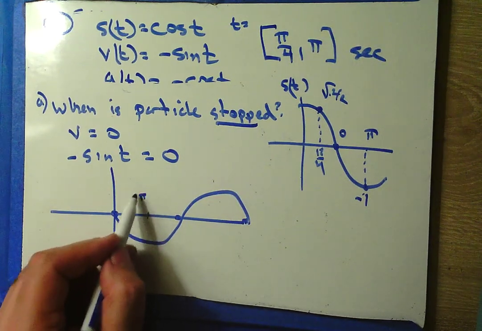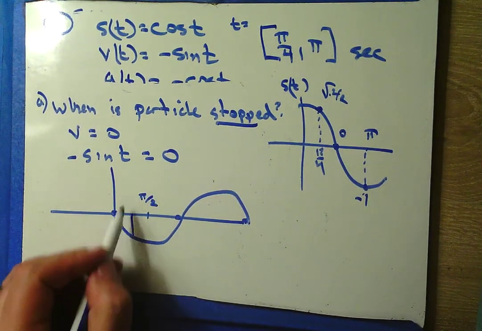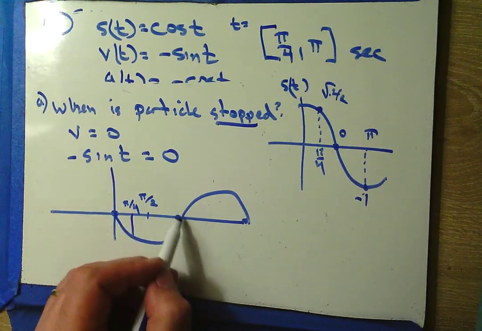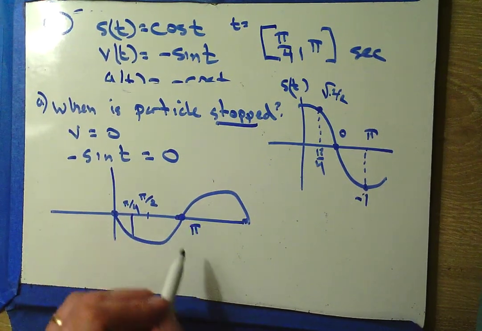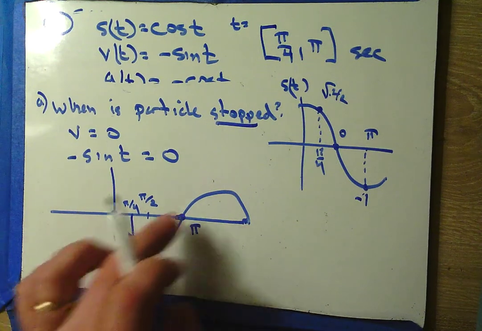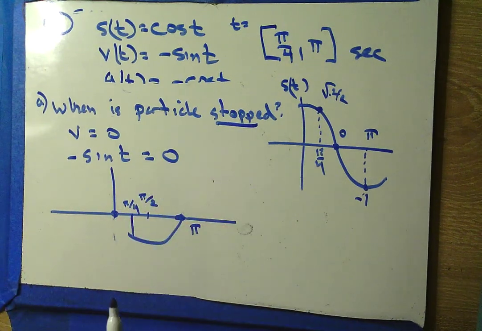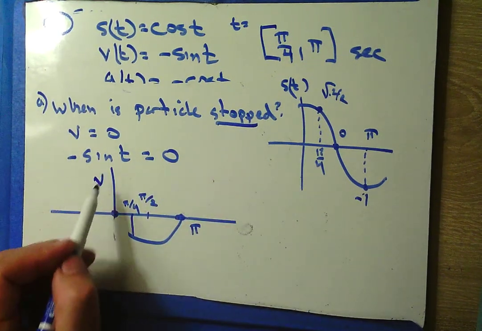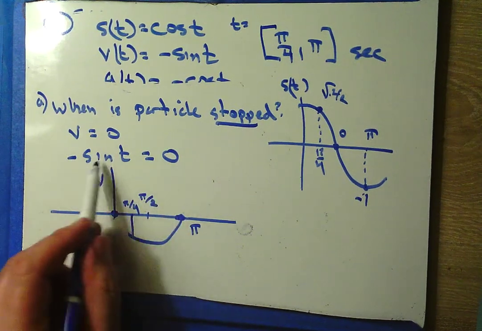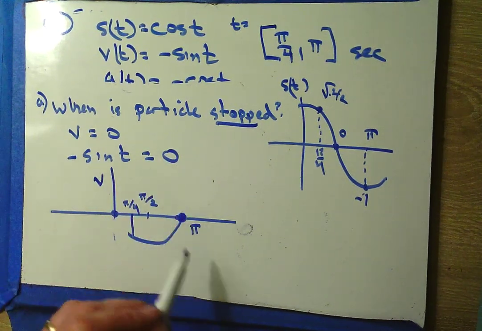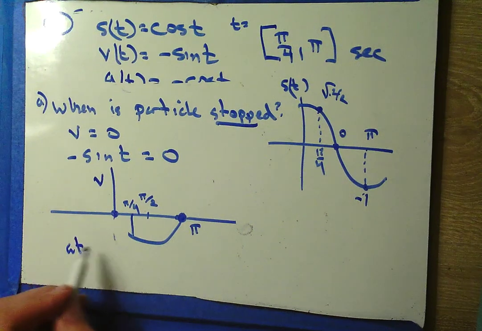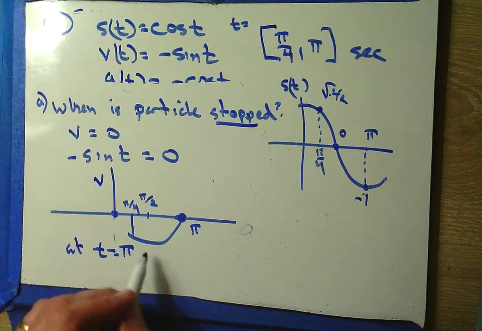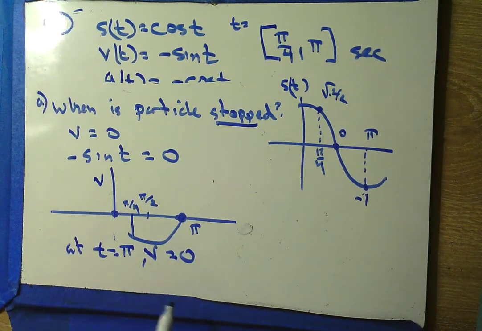This is pi over 2. We're starting at pi over 4, and we're stopping at pi. So really, this is my whole graph. This is velocity, negative sine t. When is velocity equal to 0? Only at pi. At t equals pi, v equals 0.